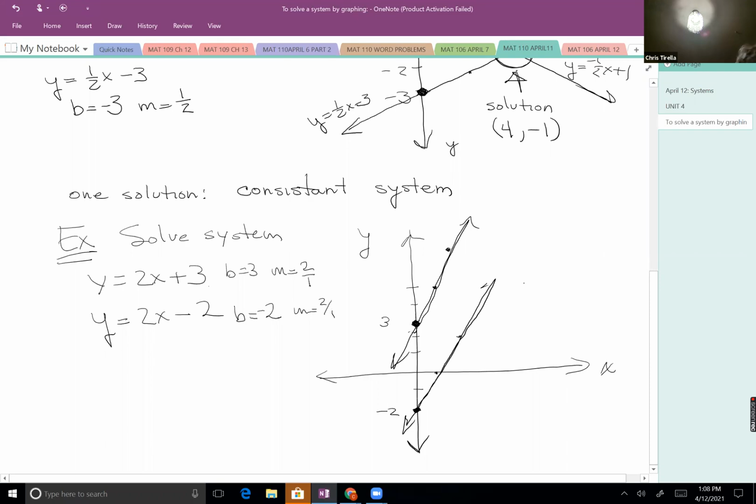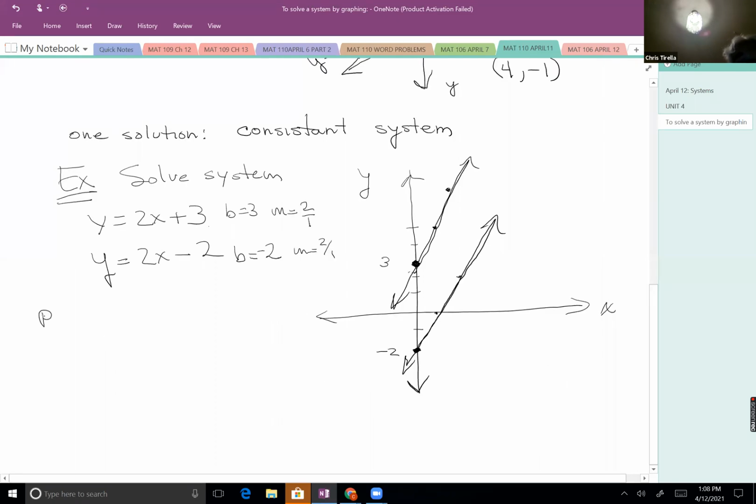And what do you notice about those lines? Will they ever intersect? You guys are awfully quiet. Do you notice that they're parallel lines? Yeah, they'll never intersect.